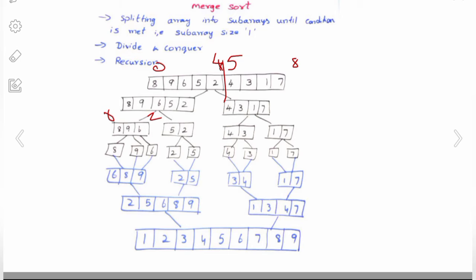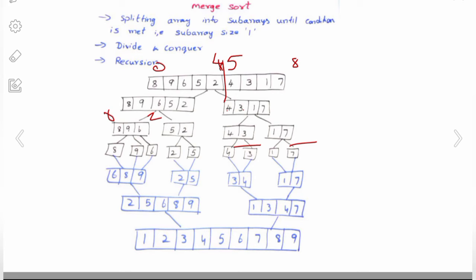Similarly 5 to 8. Low plus high by 2, 5 plus 8 by 2, that is 13 by 2, so it comes as 6. So we divide this array at the sixth position, into two parts, 4, 3 and 1, 7.